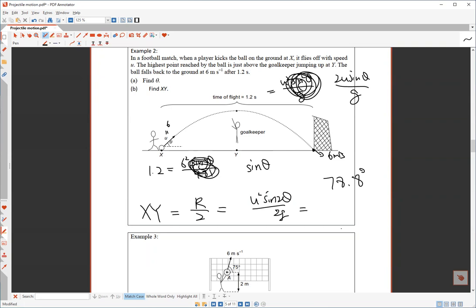The answer I get is 0.698. So you may check your answer later on. I have no idea. Yeah, it should be 0.698 meter for the length XY because it's just half of the range.